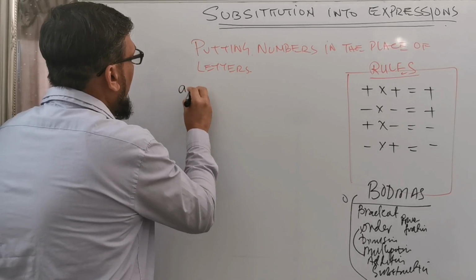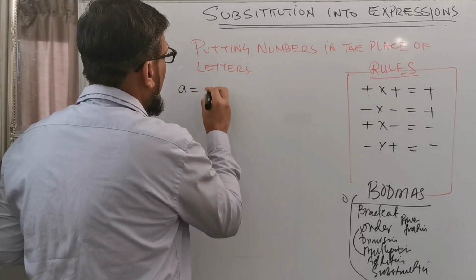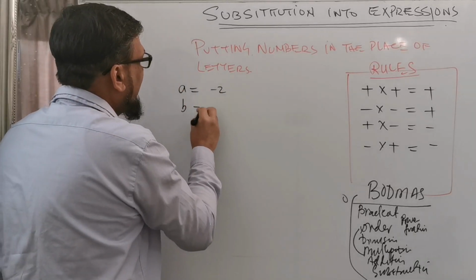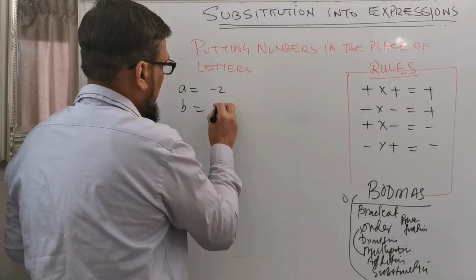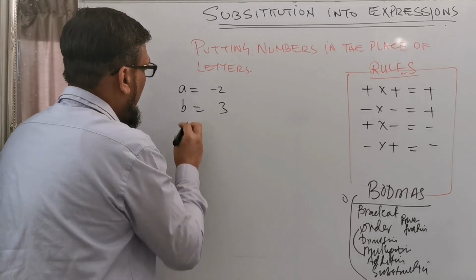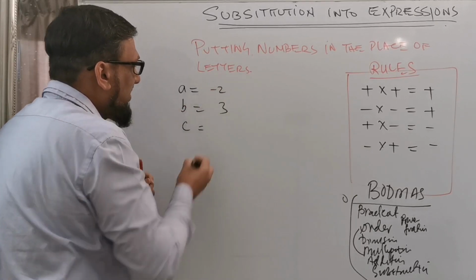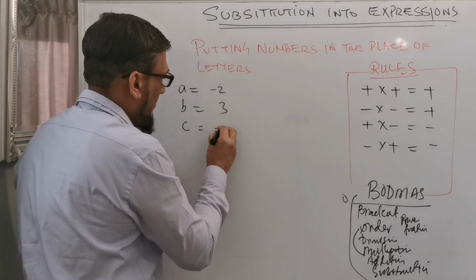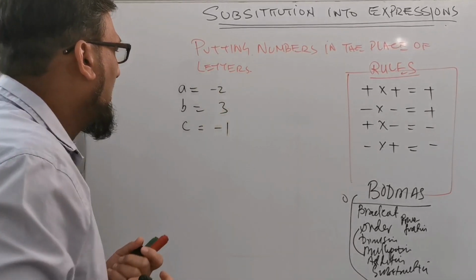The value of a is, for example, given as minus 2. The value of b is given as 3. And the value of c is given here as minus 1.